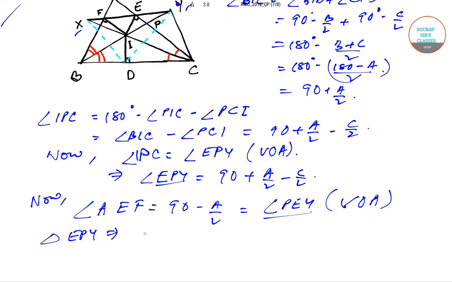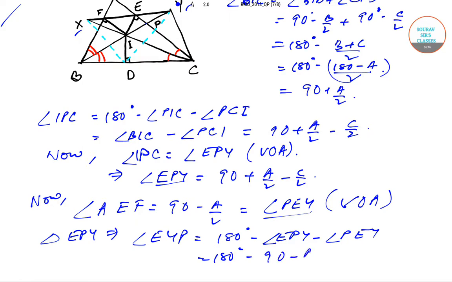angle EYP will be equal to 180 degrees minus angle EPY minus angle PEY. So this will be 180 degrees minus EPY, which is 90 minus A by 2 plus C by 2, and PEY will again be 90 plus A by 2.